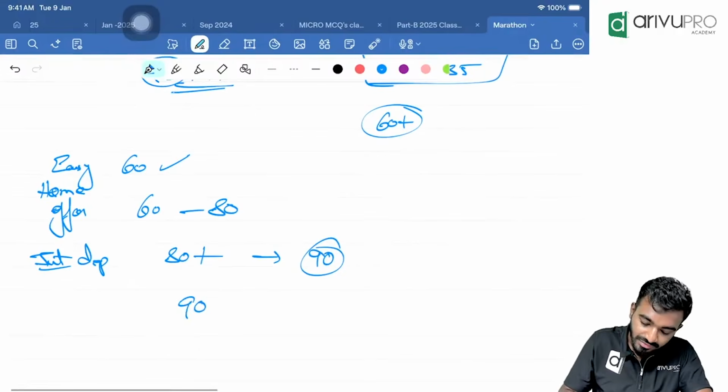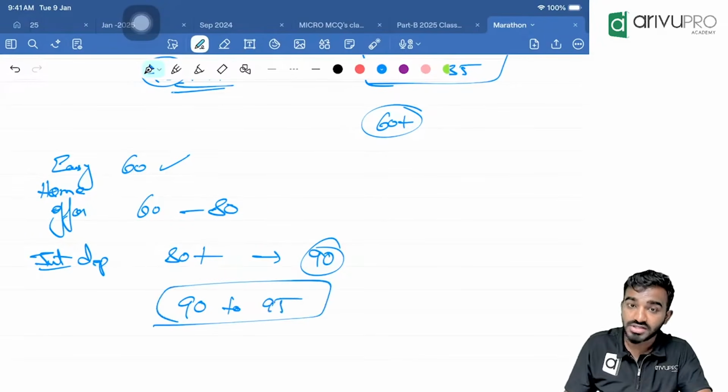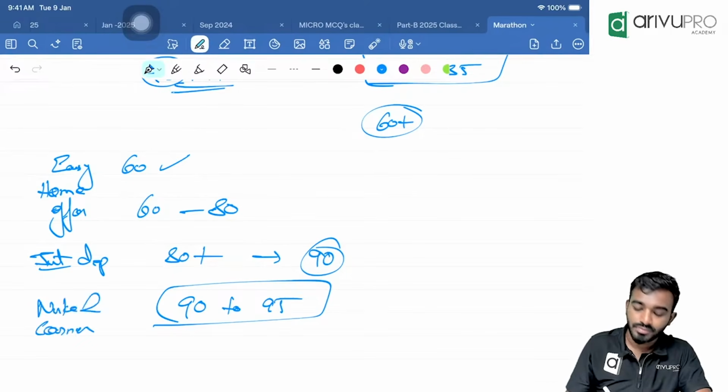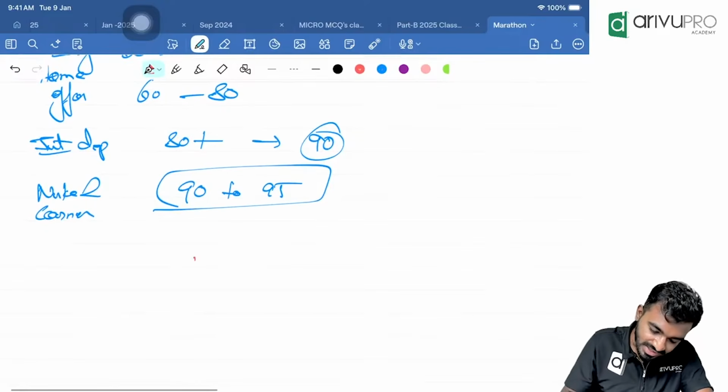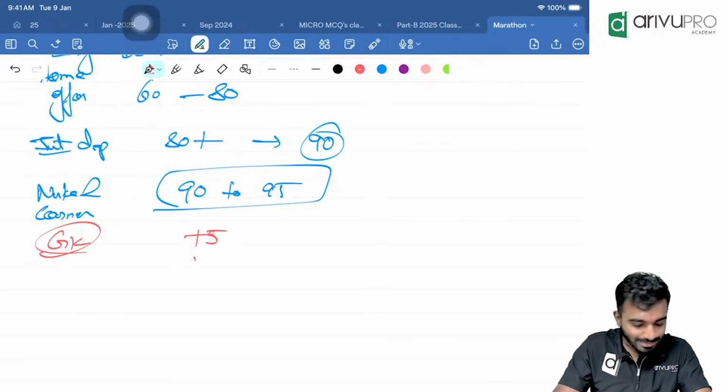90 to 95 is where you have full knowledge, GK also, some nook and corner of the material. And another 5 questions, I'm only saying, some GK related questions will come. Chapter 10, I can't assure you will get 10 on 10. Some 1 or 2 marks may go for a bouncer.